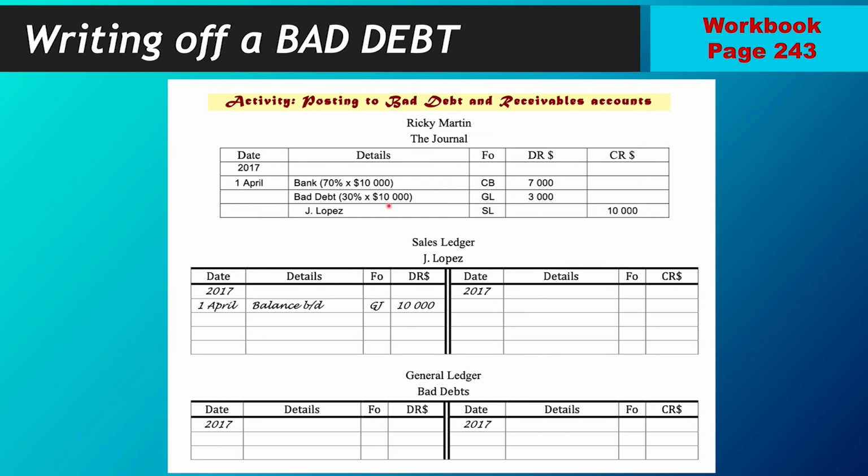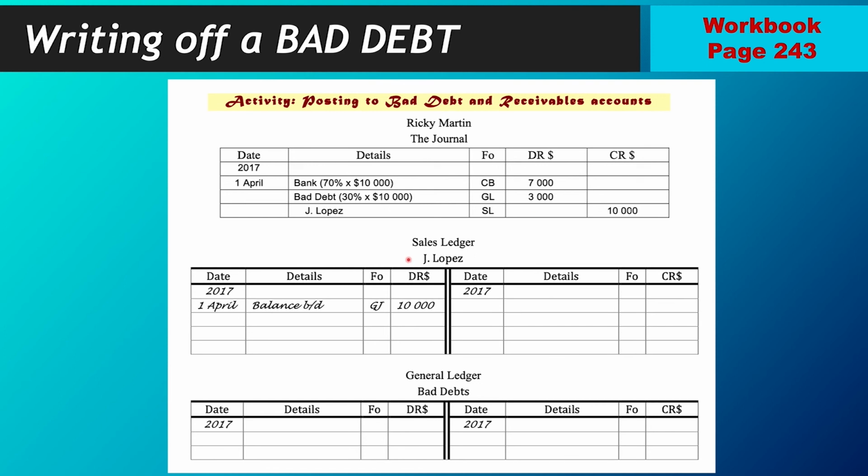We wrote off $3,000 because she was unable to pay that amount. So Ricky Martin, we represent Ricky Martin, wrote off that as a bad debt, $3,000. And therefore, J. Lopez owed $10,000 less, because she paid $7,000 of it, and the remainder, the $3,000, was written off as a bad debt.